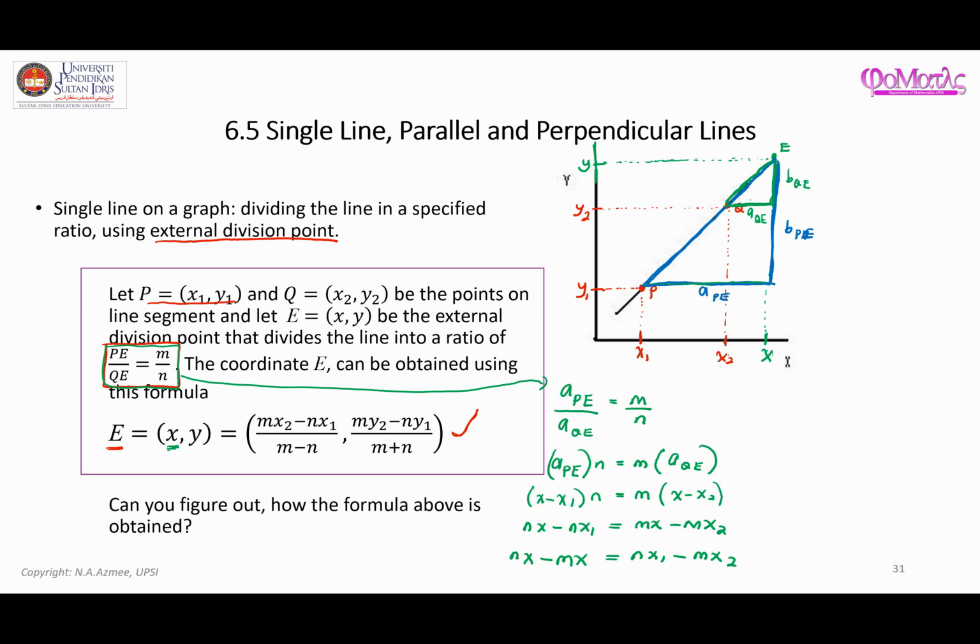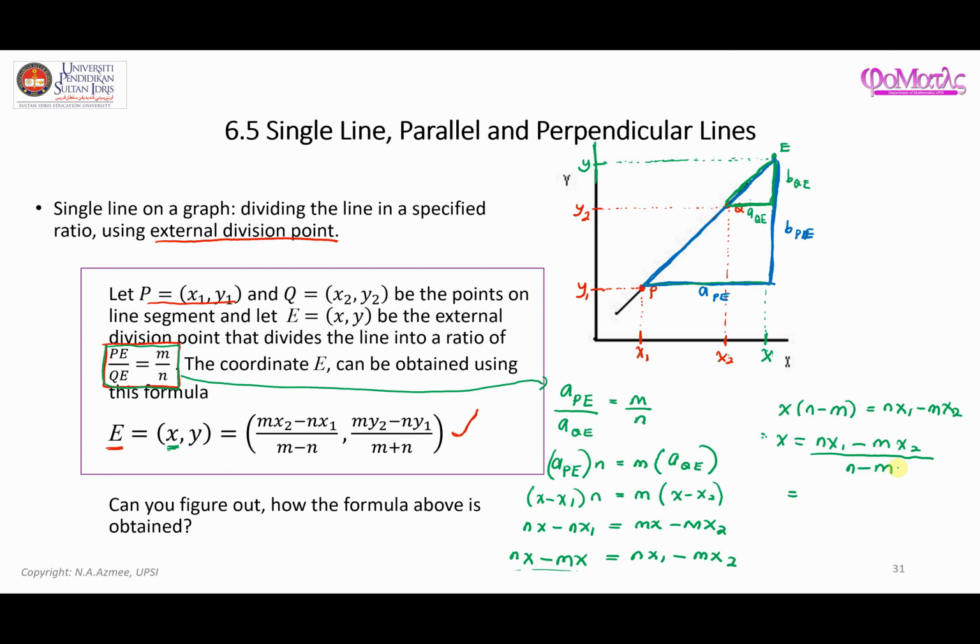Next I can factor x out here. So what I have is x times (n minus m) is equal to nx1 minus mx2. Therefore, x must be (nx1 minus mx2) over (n minus m).